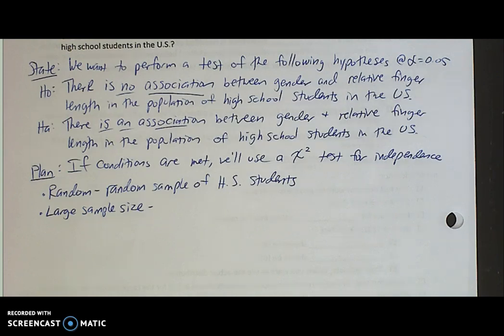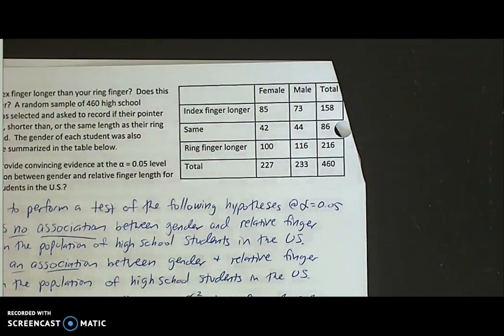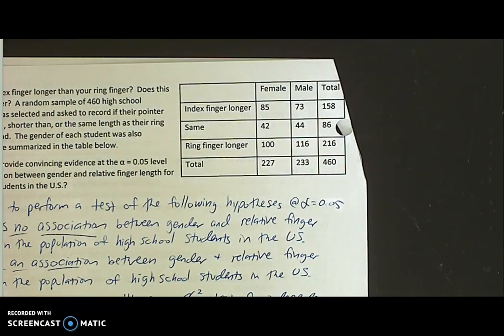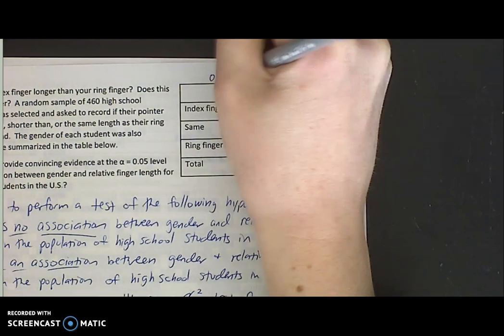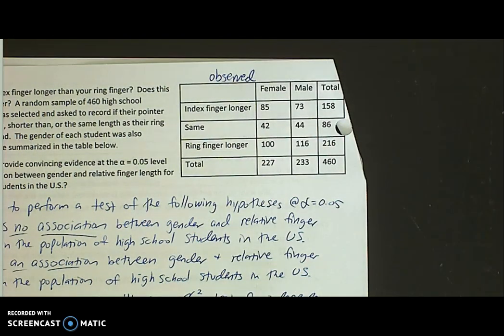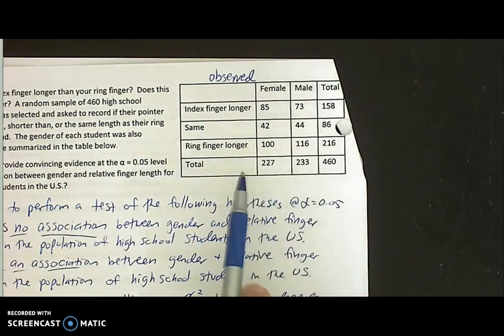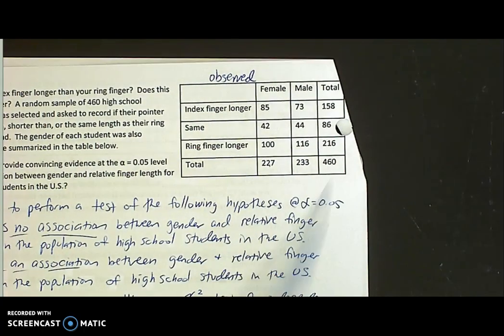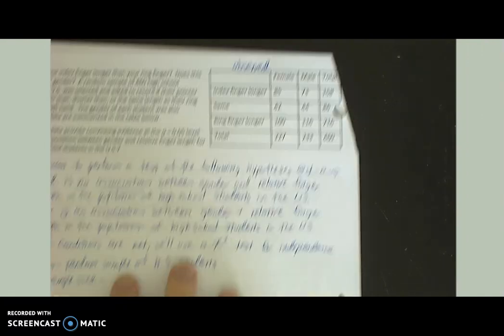It's easiest probably for you to make a little table here, mimicking the one up in the problem, but instead of filling it with our observed counts, because that's what these are, make your own table using your expected. So remember, the new way we calculate expected counts: row total times the column total divided by the grand total.